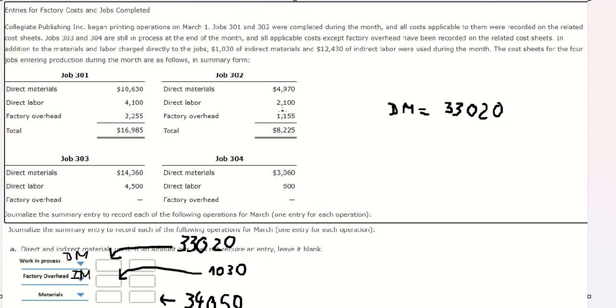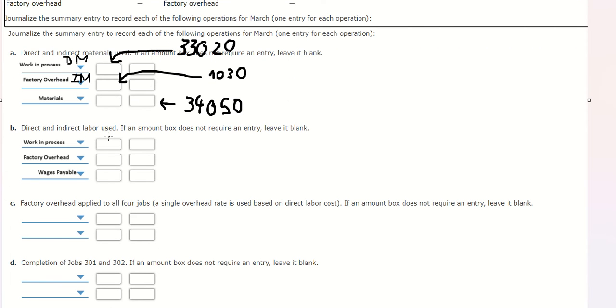We zoom in on four numbers. And you got direct labor. That is about 13,300. So we put this number in here.